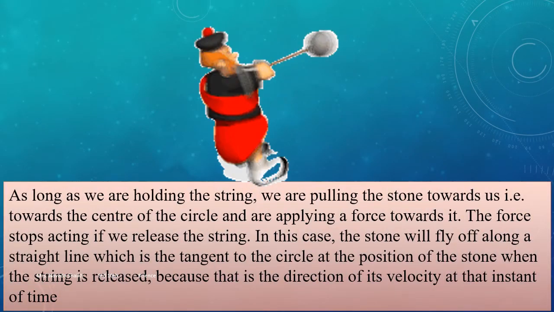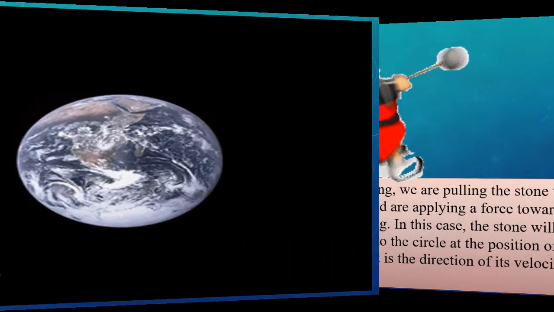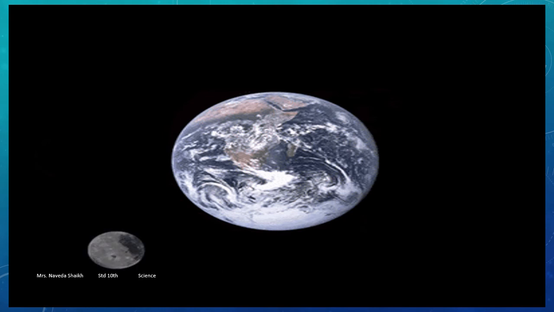You can see it here also. In this picture you can see the moon is moving around the earth in a circular motion. This is because the earth is exerting a particular force onto the moon, helping the moon move in this particular direction only.